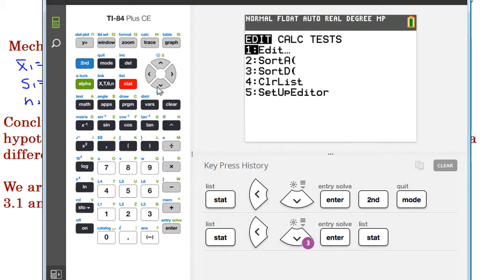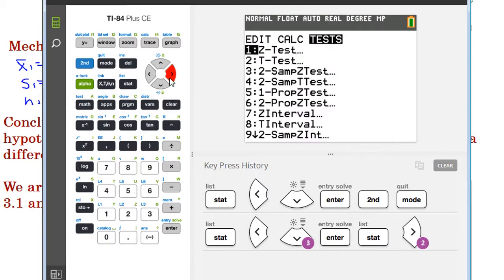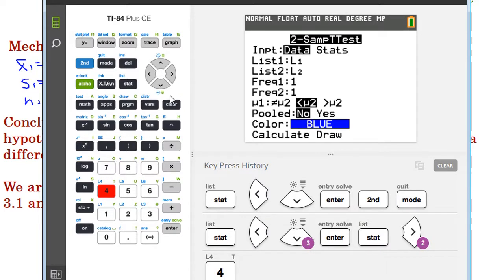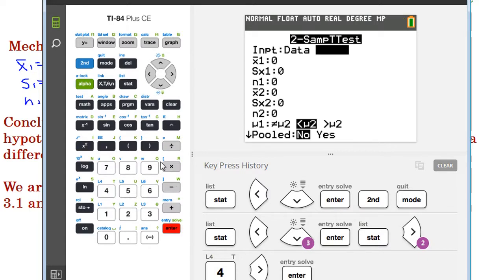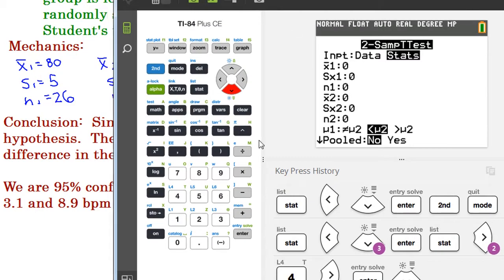So we go to Stat, we go over to, where are we? Number 4, 2-sample t-test. So this one we have stats, we don't have data. So then our x bar 1 was 80.